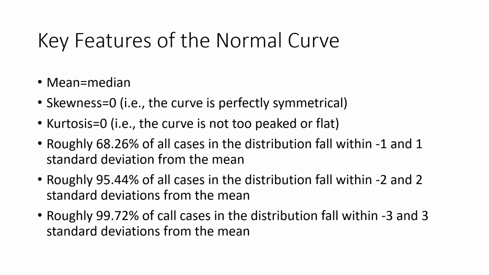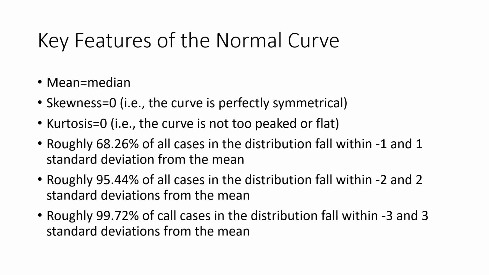And as I said, we can extrapolate in terms of geography the number of cases in a distribution that fall within the geographical features of this bell curve. So within -1 and +1 standard deviation from the mean, 68.26% of cases can be found there. So most people, the majority, about 2/3 of people, fall within -1 and +1 standard deviation.